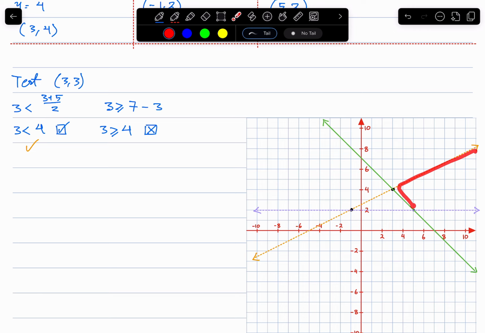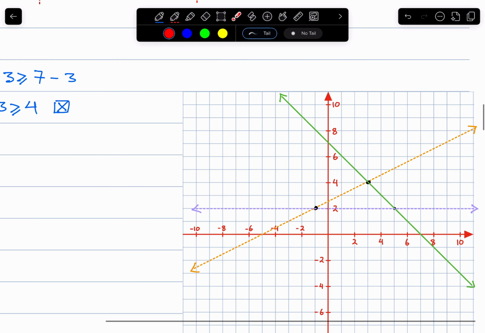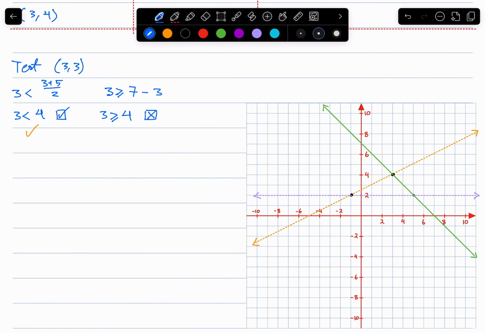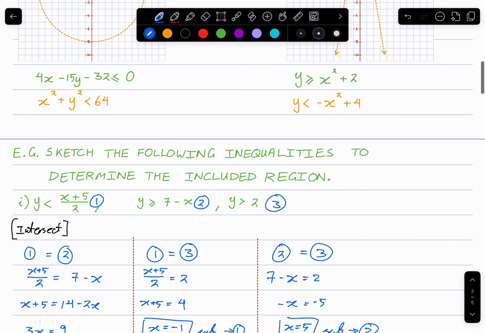So far it's going to be this triangle bit here, and now it's just a matter of, since we know it's going to be this region here, is it going to be above the purple line or below the purple line? Let's test this one final time.